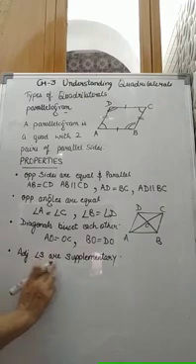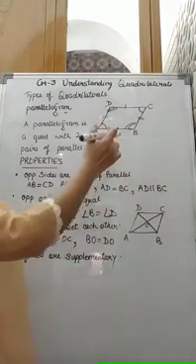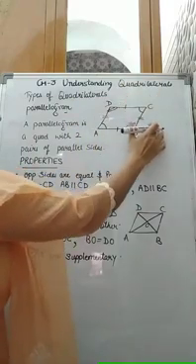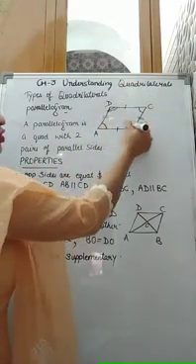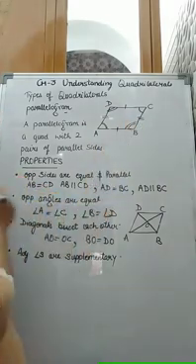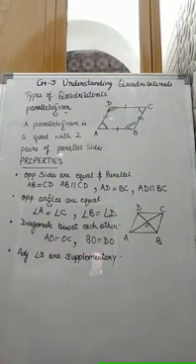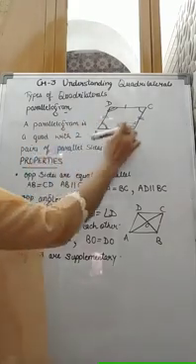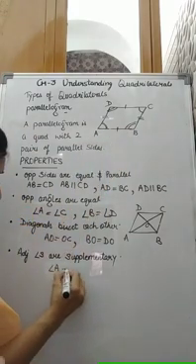Adjacent angles are supplementary. Like we have discussed earlier, the sides are parallel. If the sides are parallel, then we can say that these two angles form a linear pair, or you can say they are supplementary. So adjacent angles are supplementary. So I can write four pairs, like angles A and B are forming 180 degrees.